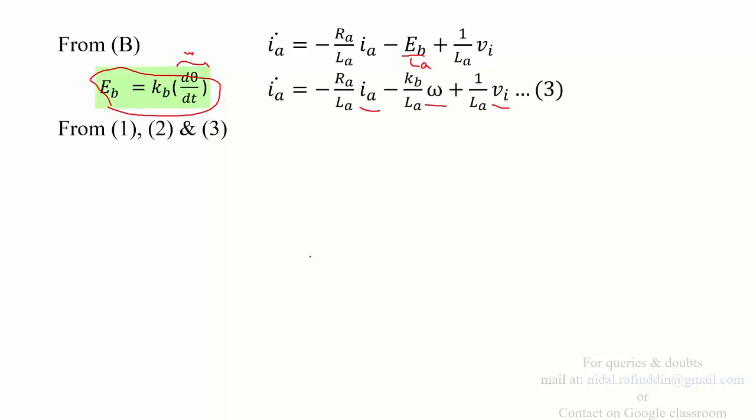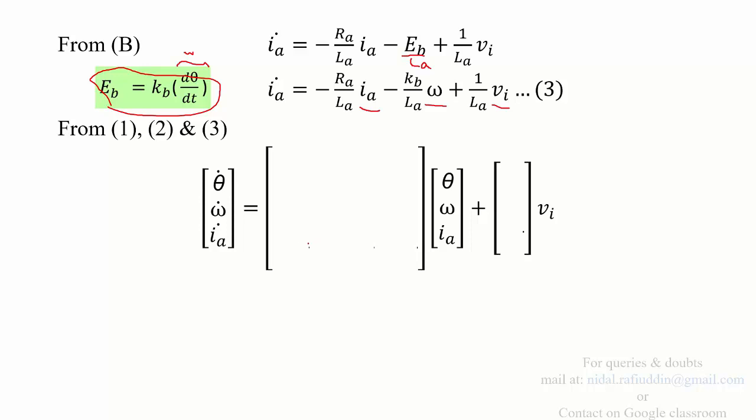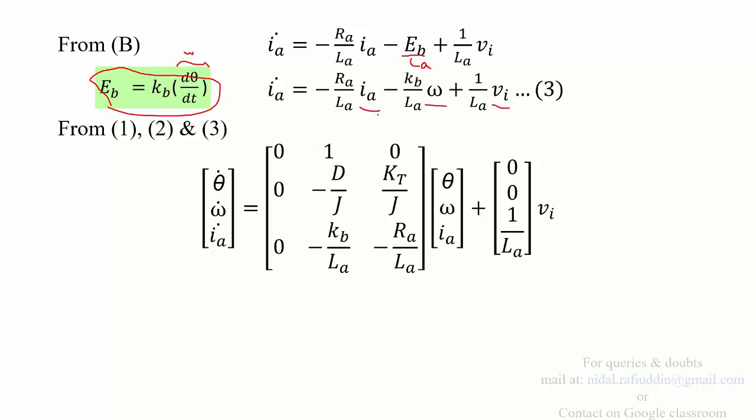Using these three equations, we formulate matrix A and B. Since theta dot is equal to omega, this can be written as 0, 1, 0, and since there was no input part, this is written as 0. Omega dot was written as 0, minus d by J times omega, and Kt by J times Ia, with 0 input. And Ia dot from equation 3 can be written as 0, minus Kb by La, minus Ra by La Ia, and the input multiplied by 1 upon La.